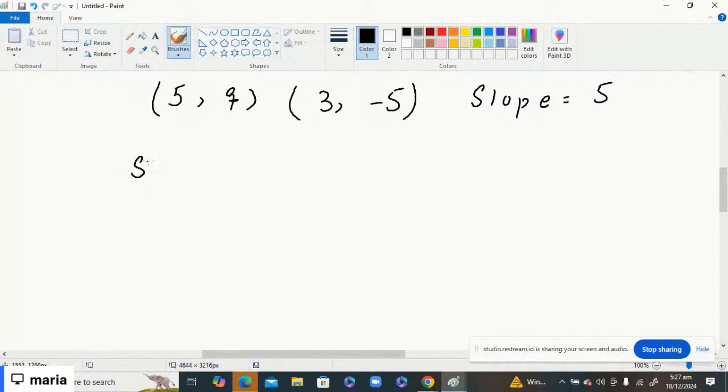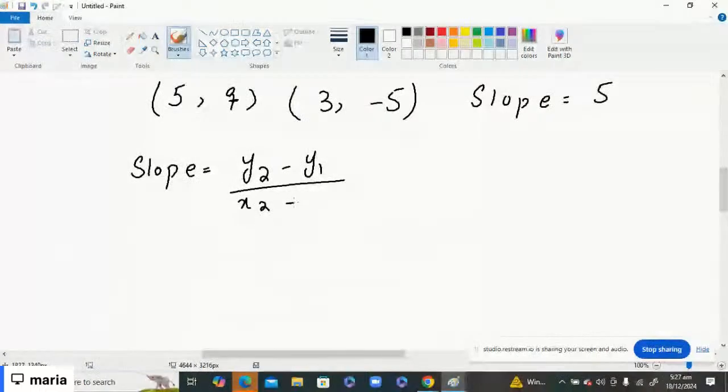Now the formula of the slope is y2 minus y1 over x2 minus x1. Putting values, this is your x1, y1, x2, y2. Put in these values.